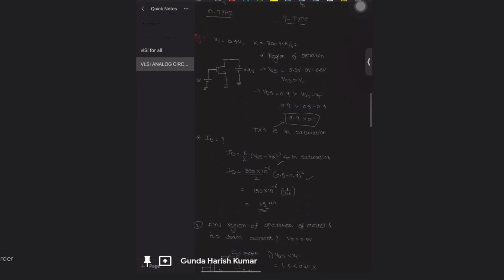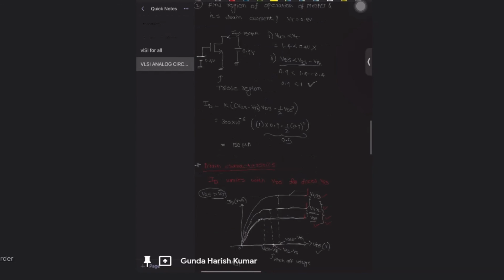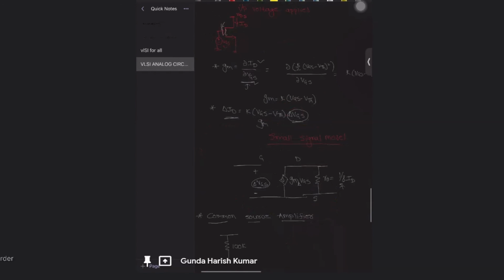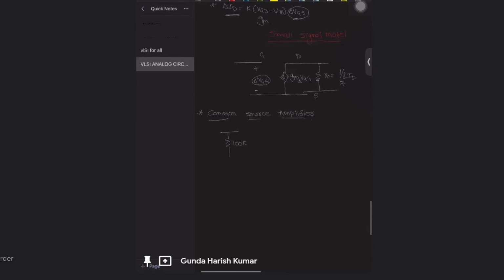Drain voltage we take from the example, say 1, suppose 0.9 is applied here. This 100k. And you applied 0.5 volts here.